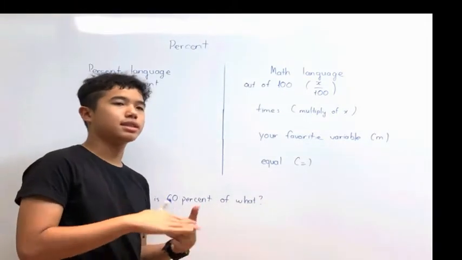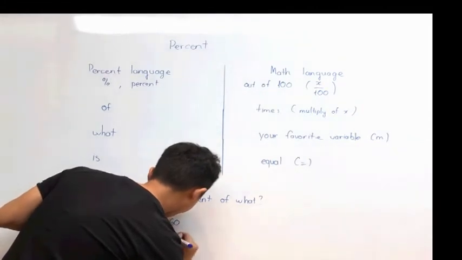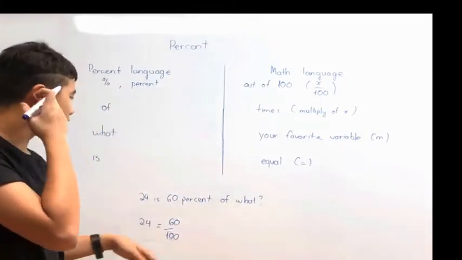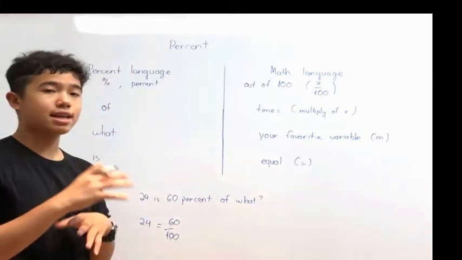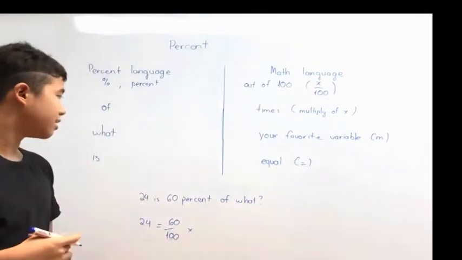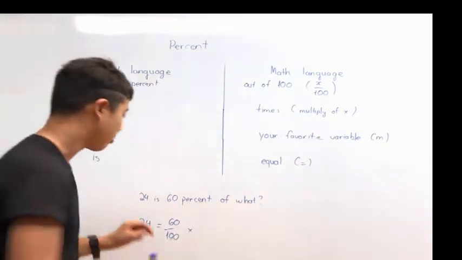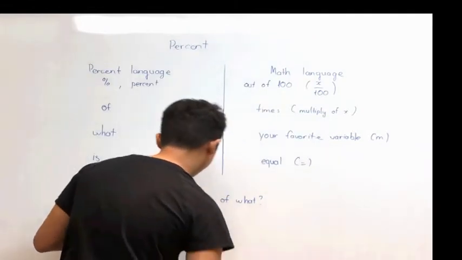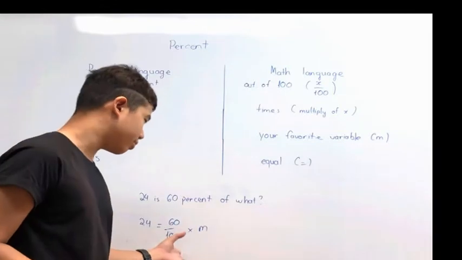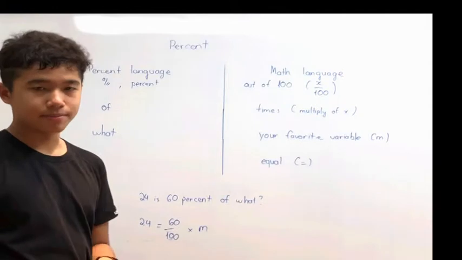That means 60 divided by 100. And then the next word, of. Of is times, multiply, so we write the multiplication sign. And then what? What is your favorite variable? For me, that's m. So we got our equation right here. Change it into this equation and it will be easier to solve the problem.